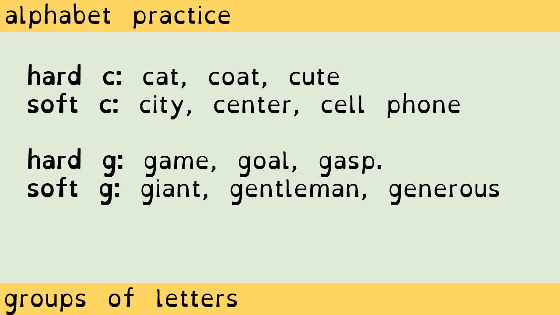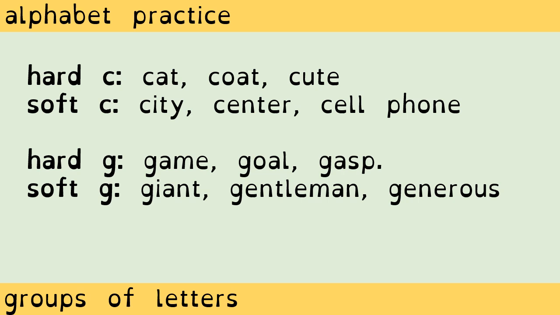Here are some examples of the hard C. Cat, coat, cute. Here are some examples of the soft C. City, center, cell phone. We will talk about this rule in later lessons.